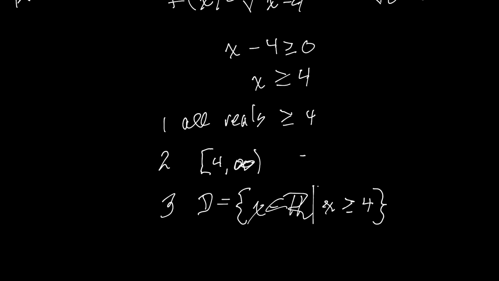Oftentimes, if it gives a direction, it'll say use interval notation. But you can say all reals greater than or equal to 4 if it doesn't explicitly ask for this. And like I said, most students, including me when I was a student, aren't fond of writing the set notation. So there goes example number 2.